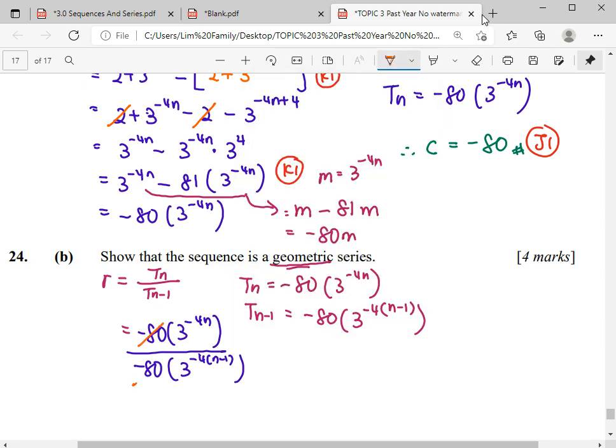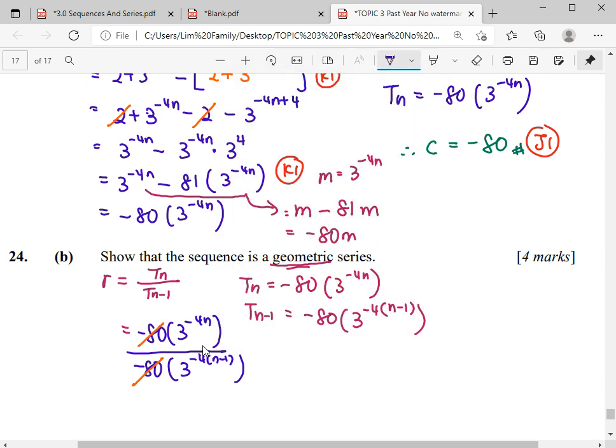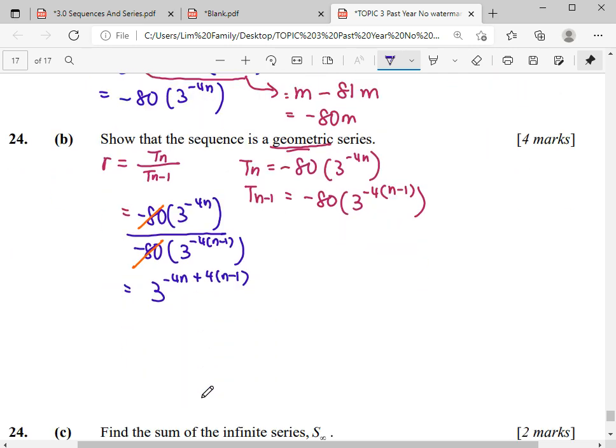Negative 80 divided by negative 80, they are gone, leaving our indices in division. When indices are in division, we can operate on the power: it will be minus, and minus negative becomes positive.